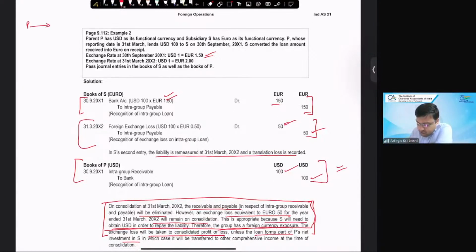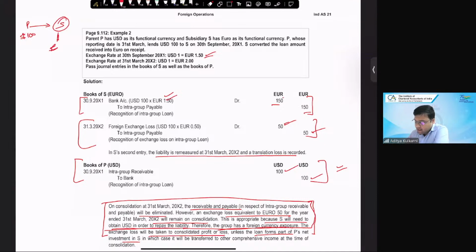See, P has given a loan to the subsidiary for $100. The parent has recognized the loan in dollars, so there won't be any currency fluctuation impact. The subsidiary has a currency of euros. When it got the money, it converted it into euros.